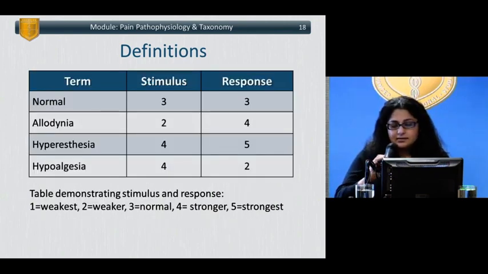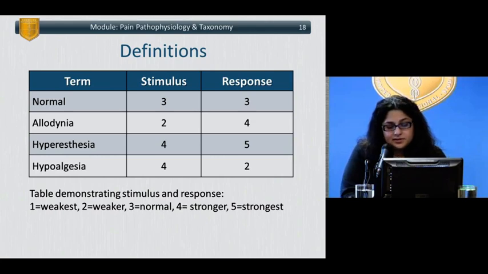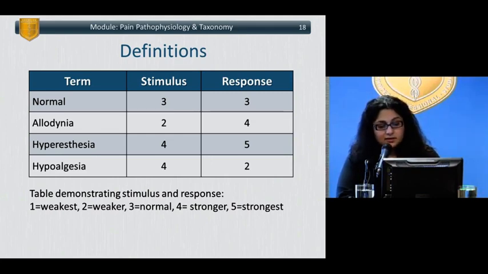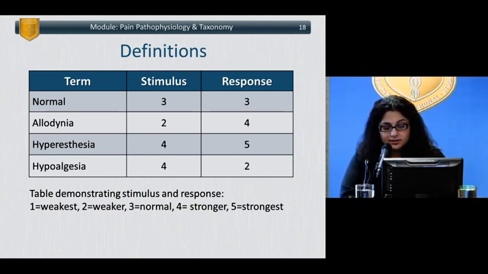This is a table that can help you understand some of the terminology that's used as we describe certain symptoms and signs and pain. On the left-hand side are the terms allodynia, hyperesthesia, or hypoalgesia. In the middle is the stimuli, and to the right is response. So if you look at the table below, 1 is a weakest stimuli, where 5 is the strongest stimuli.